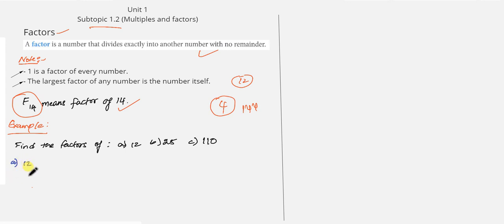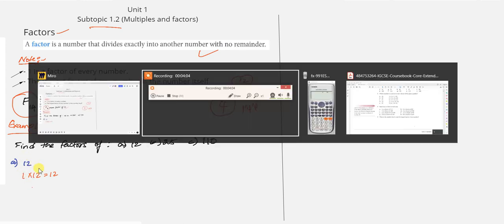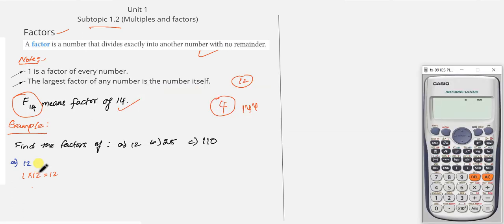There is a technique by which you should write so that you don't repeat steps. Let's say 12. So we can write 1 times 12 is equal to 12. And then how can we divide 12 by some other numbers? Let's see. I'm going to open the calculator.